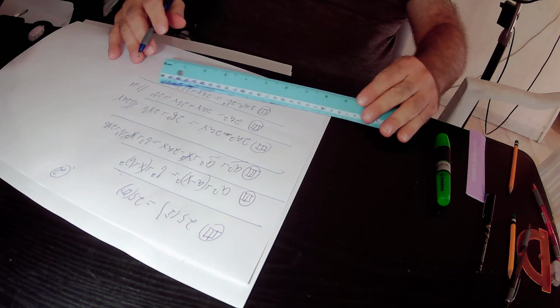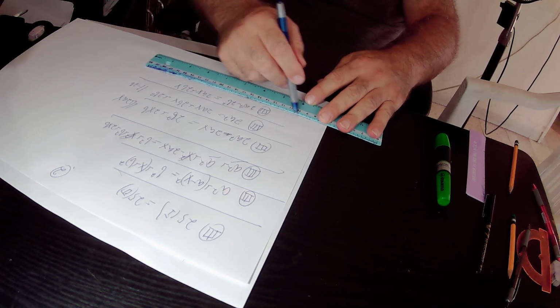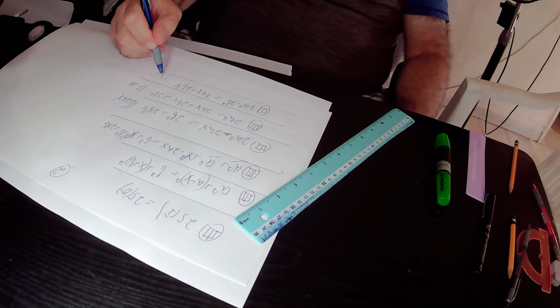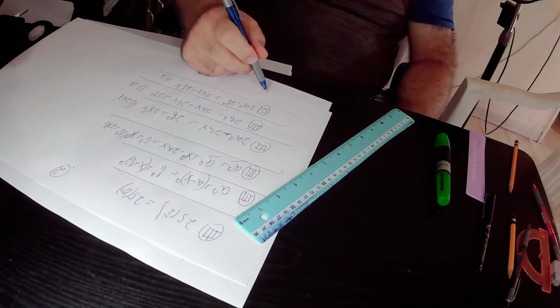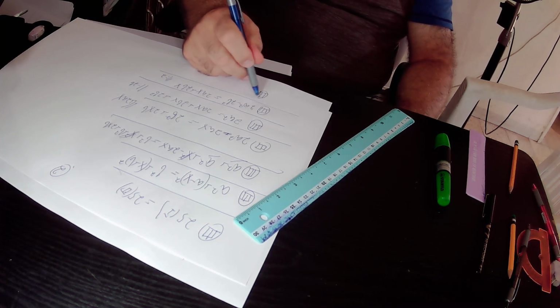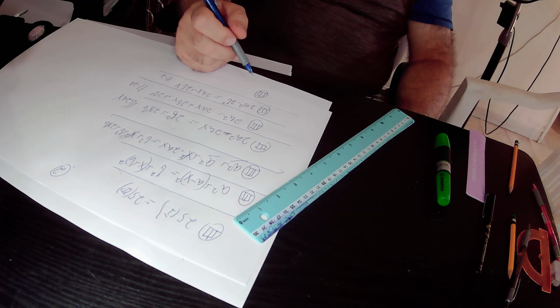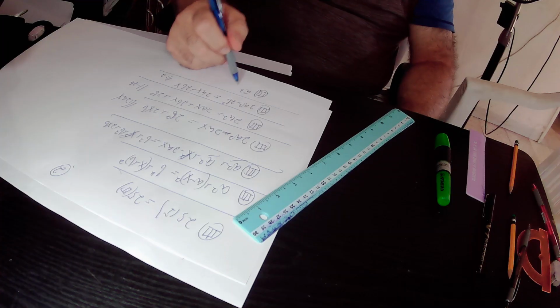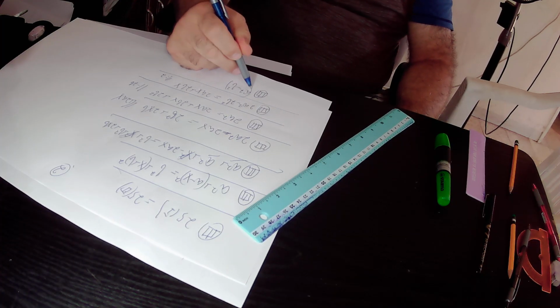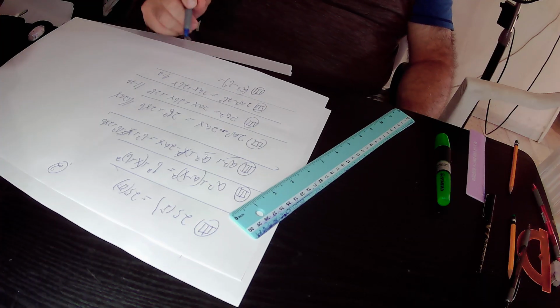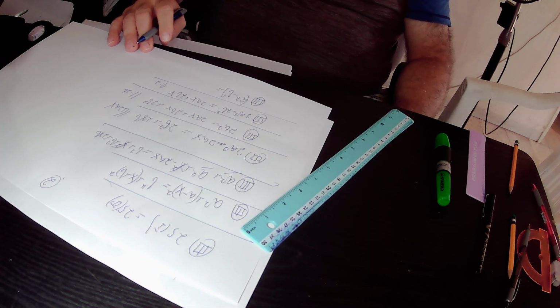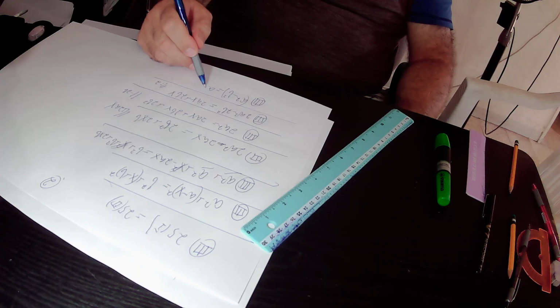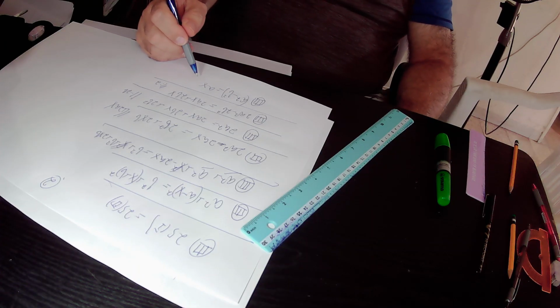So here we divide equation 3 by 2, and finally get that according to equation 3, 2A squared over 2 is A squared, minus 2B squared over 2 is minus B squared, and it is equal to 2AX over 2 is AX, plus 2BX over 2 is BX.